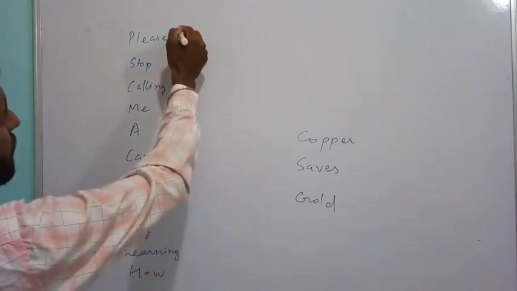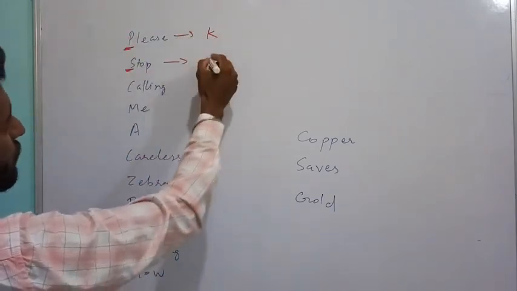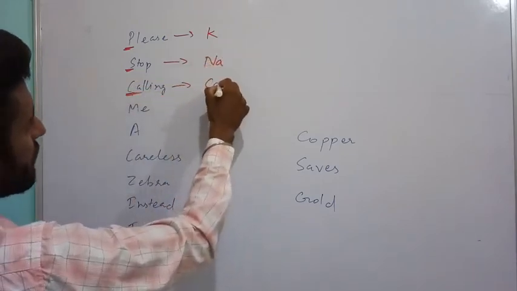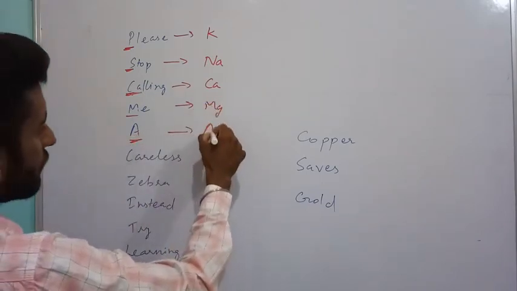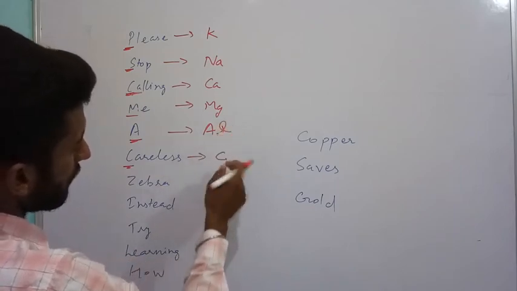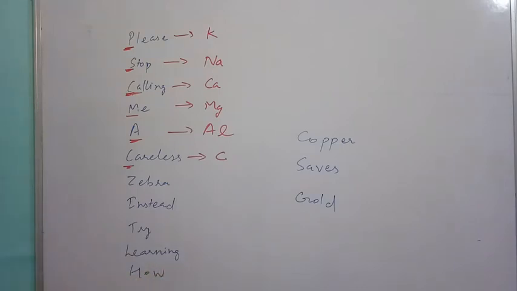So for P it is potassium, symbol is K. For S, sodium, symbol is Na. For C it is Ca, calcium. For M it is magnesium. For A it is aluminium. For C it is the non-metal carbon. Here you can add this one, or you can also skip it, but in the normal reactivity series carbon is included.